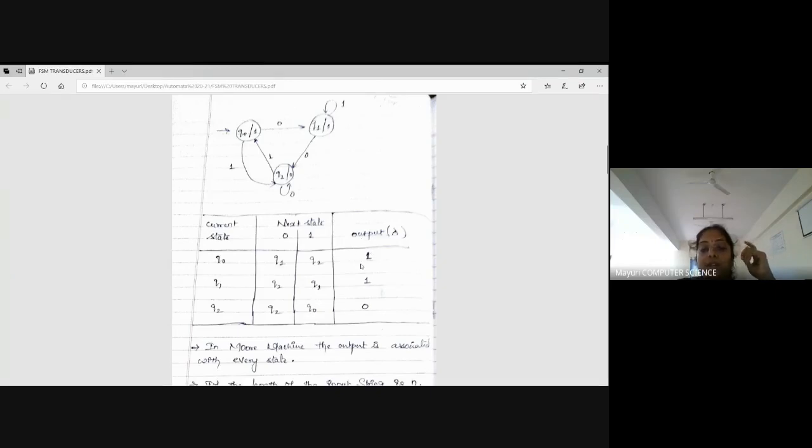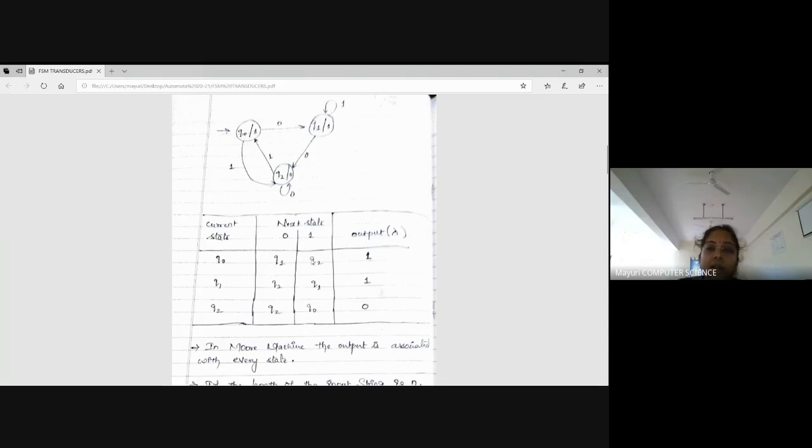The output here is nothing but, from Q naught, which state it goes to and what are their respective outputs. It goes to Q1 and Q2. I think the output is with respect to each state. Sorry, the output is with respect to each state. What is the output of state Q naught? 1.